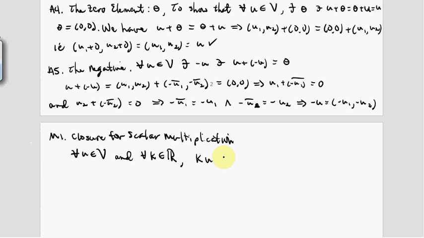Is it in the space? Well, let's see. This is k times u, and u is u sub 1 comma u sub 2. What is that equal to? The scalar times that vector is 0 comma k times u sub 2.